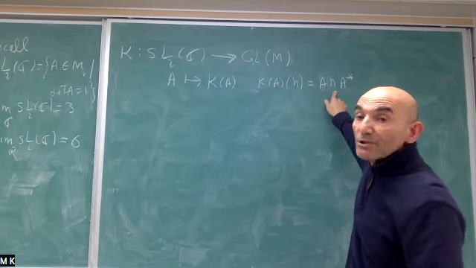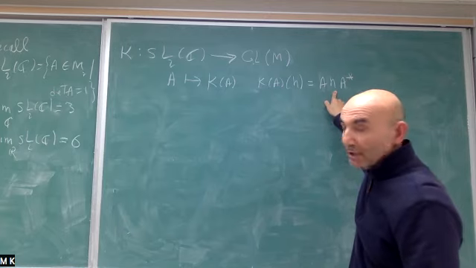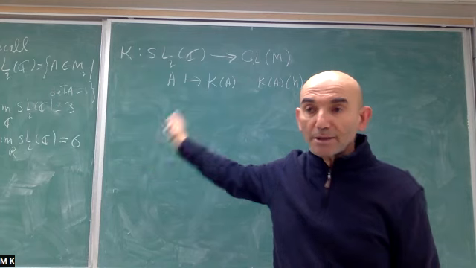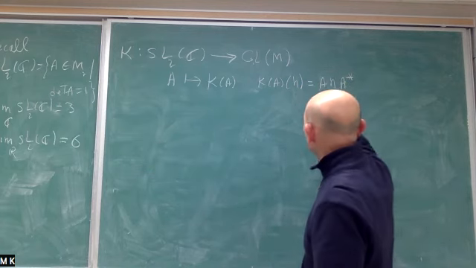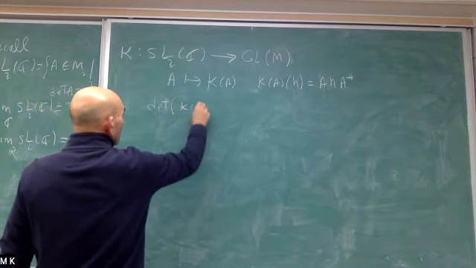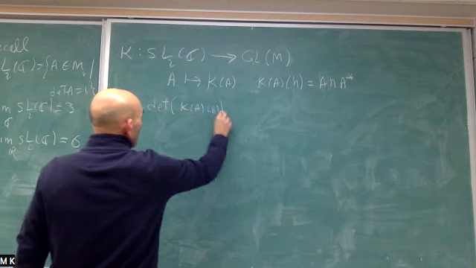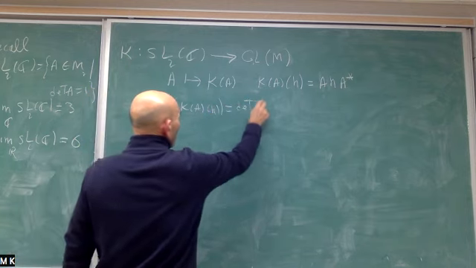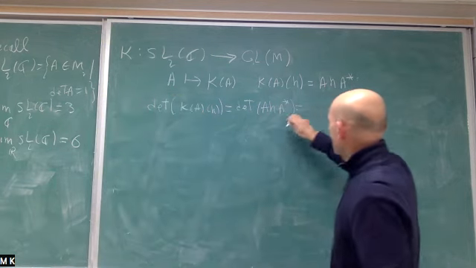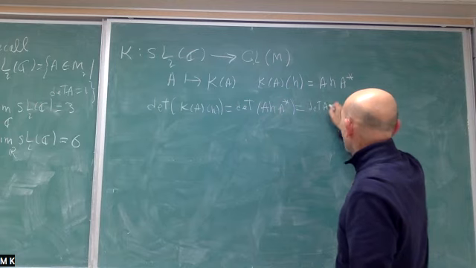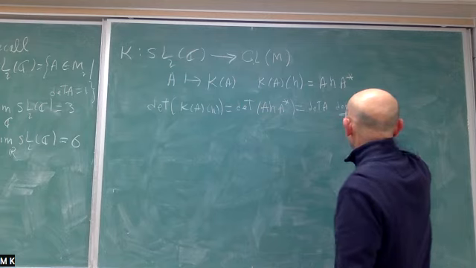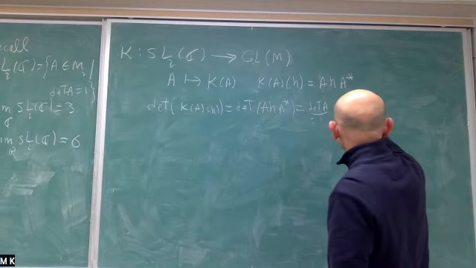It also preserves the norm, because the norm is given by the determinant. If you take the determinant of A H A star, it is determinant of A, determinant of H, determinant of A star, but the determinant of A is 1, so this is also 1.